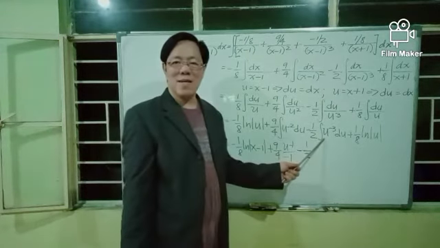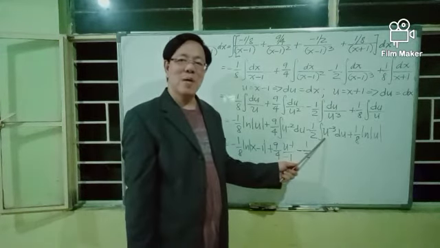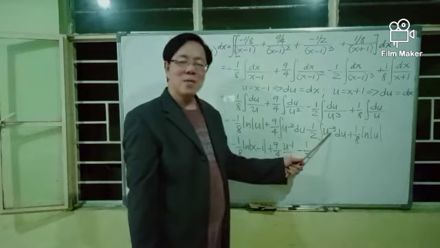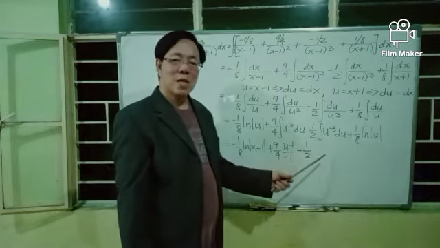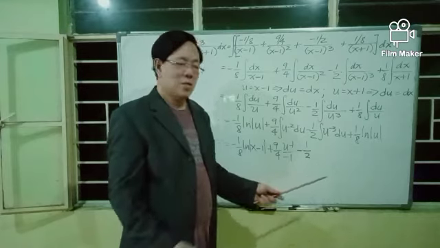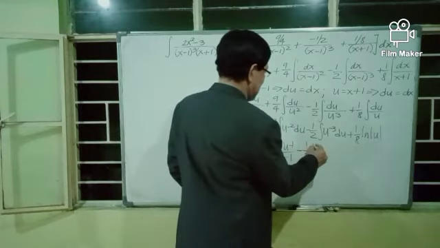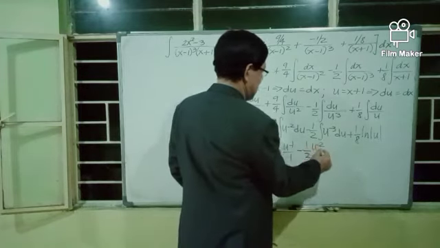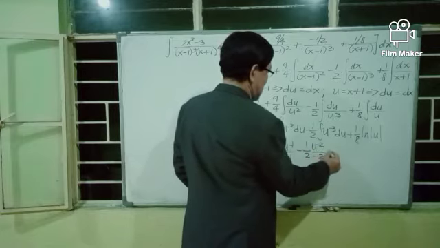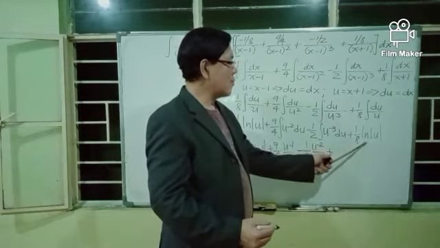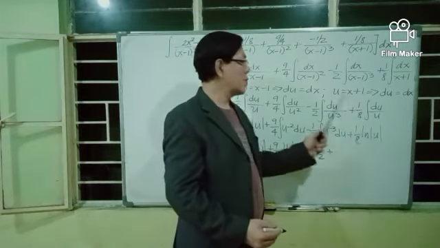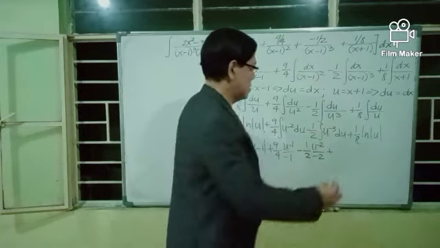Minus 1 half times the integral of u to the negative 3 by power rule. We have negative 3 plus 1 is negative 2, and we use negative 2 as a divisor. And the last term is 1 over 8 times ln of u, where u is equal to x plus 1.